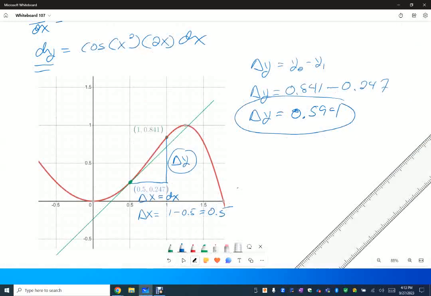However, if I was on that tangent, dy is the rate at which y is changing on my tangent.